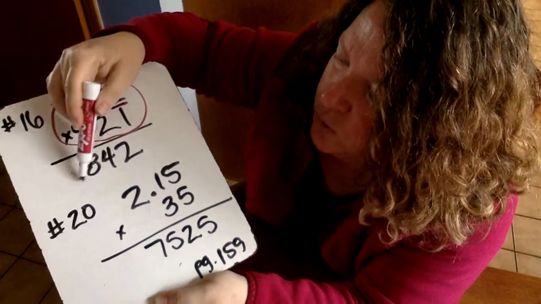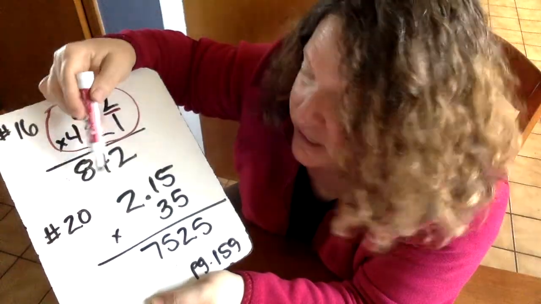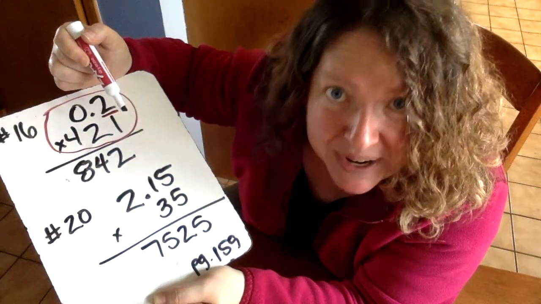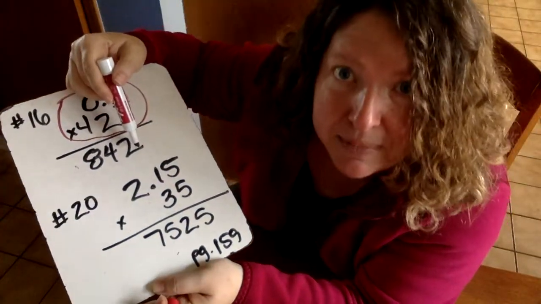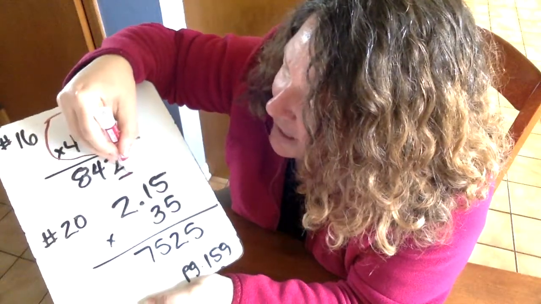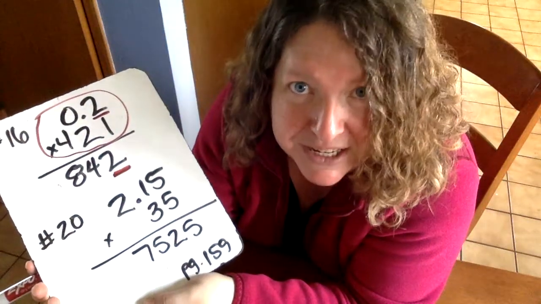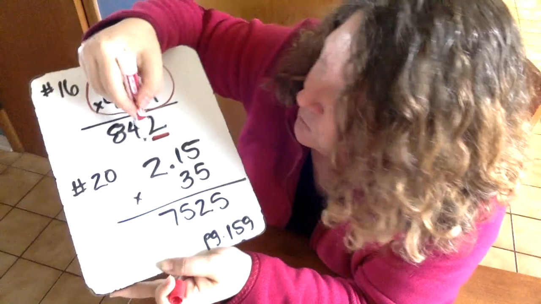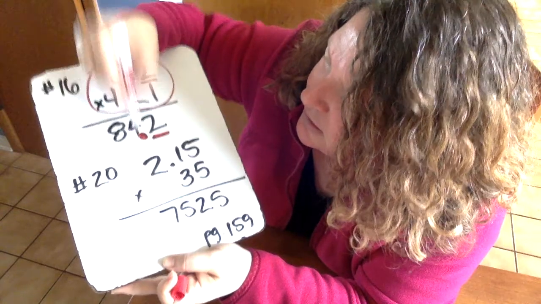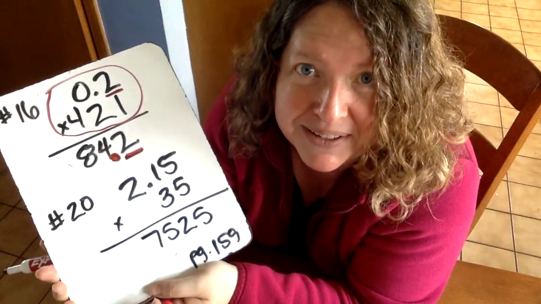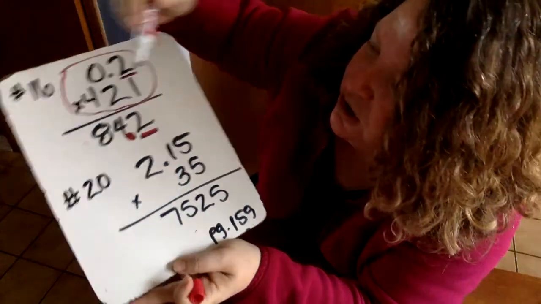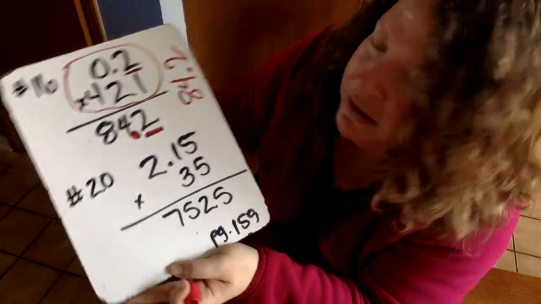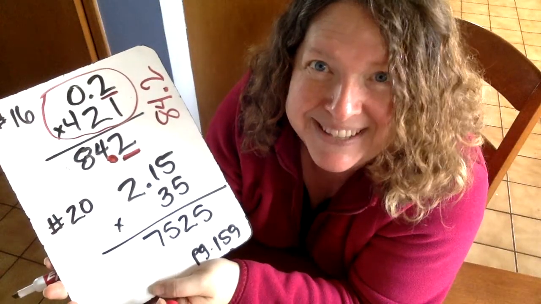The question is, though, which of these numbers is supposed to be in the decimal place? Well, remember, we read left to right, so the decimals always come at the end. So that 2 has to be a decimal place. In order to make it a decimal place, we need to put the decimal point right in between the 4 and the 2. So it's now 84 and 2/10.